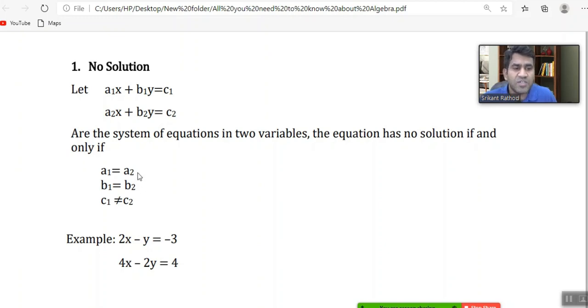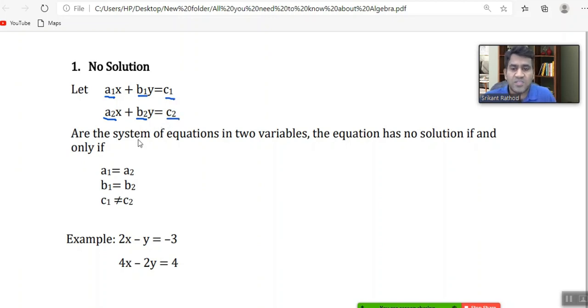The system has no solution if and only if the coefficient of x here and the coefficient of x here are the same, the coefficient of y here and the coefficient of y here are the same, but the constant values, that is c1 and c2, are different.